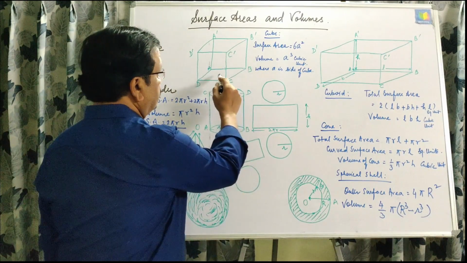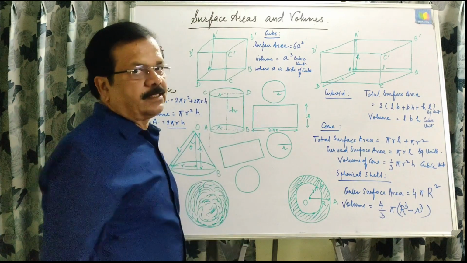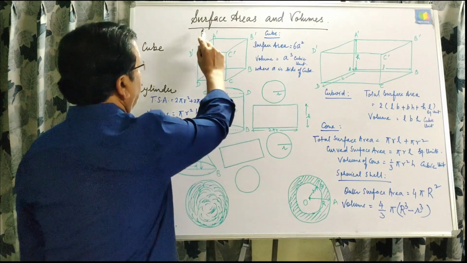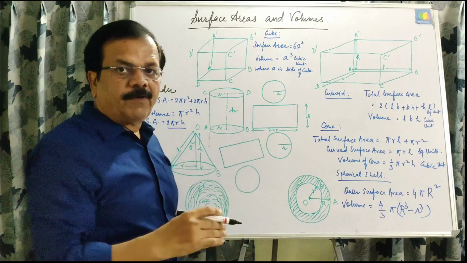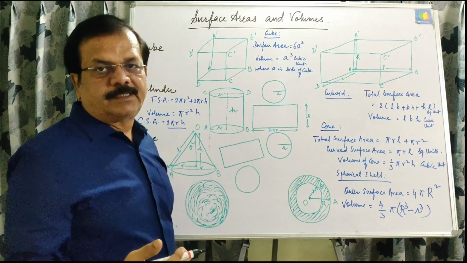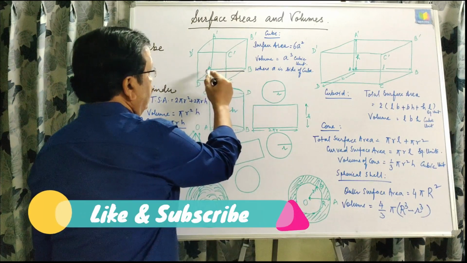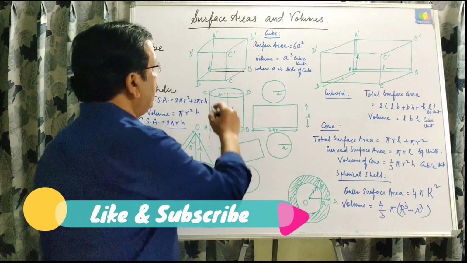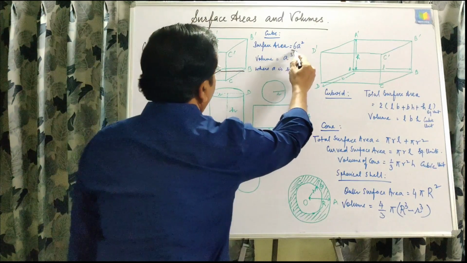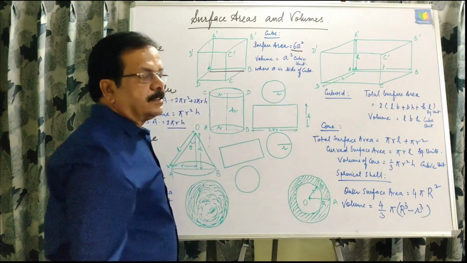That is, it is constructed by six squares, and when finding surface area, we find the area of all the faces. If this side is A, then the area of this face is A square, and for six faces it is 6A square, where A is the side.